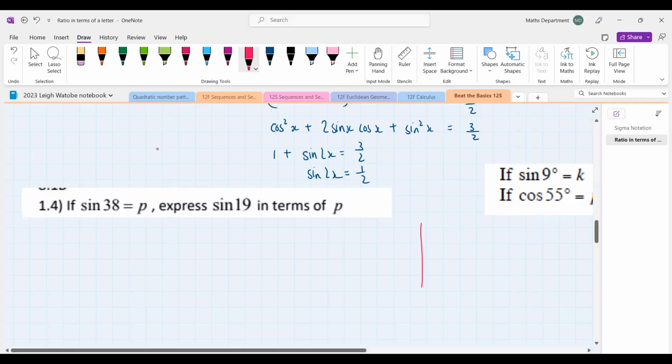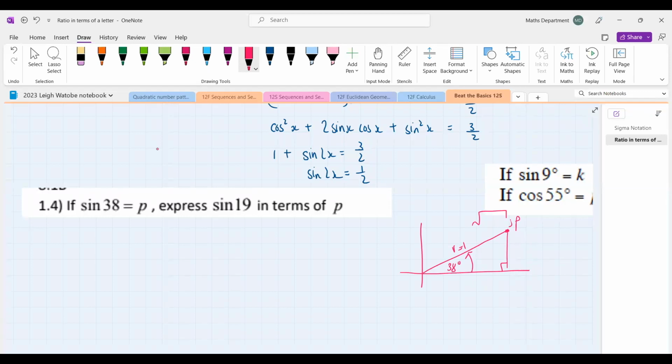So does that mean, Olorato, you had your right angle triangle, there was your angle that was 38. And you're saying sine 38 is P over 1. So you're saying R is equal to 1. And because it's the sine of the angle, that means that Y is equal to P. And with the theorem of Pythagoras, x squared plus P squared equals 1 squared.